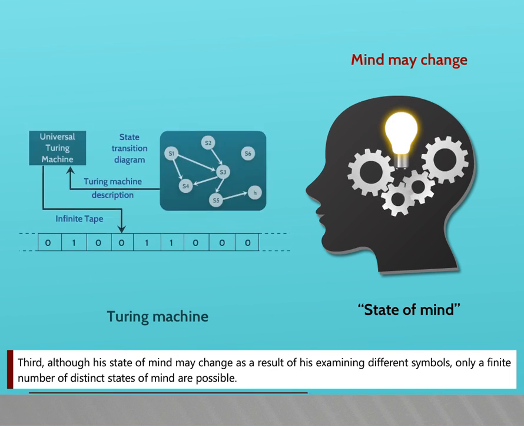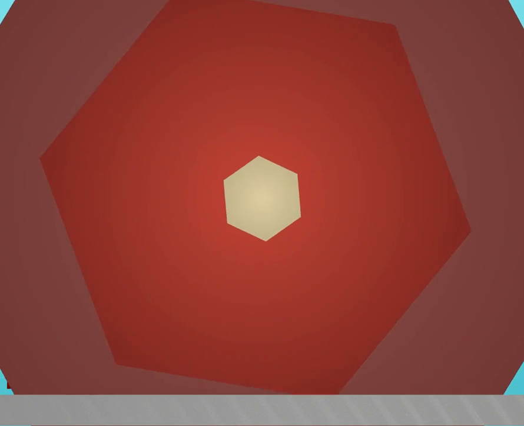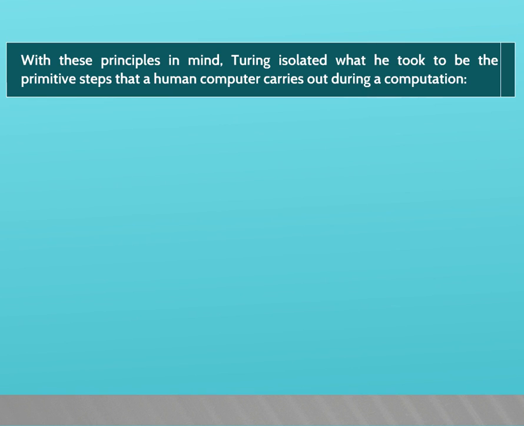Third, although his state of mind may change as a result of his examining different symbols, only a finite number of distinct states of mind are possible. With these principles in mind, Turing isolated what he took to be the primitive steps that a human computer carries out during a computation.